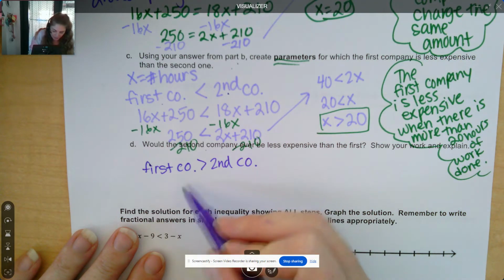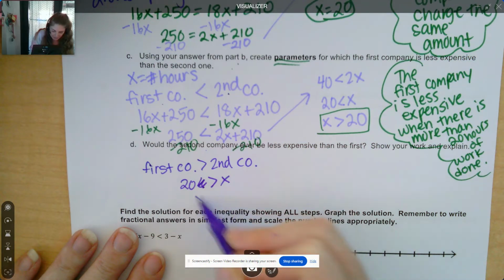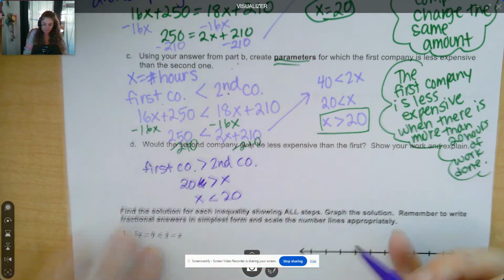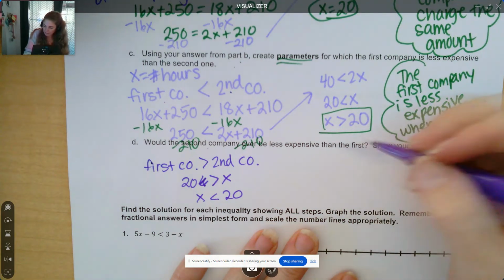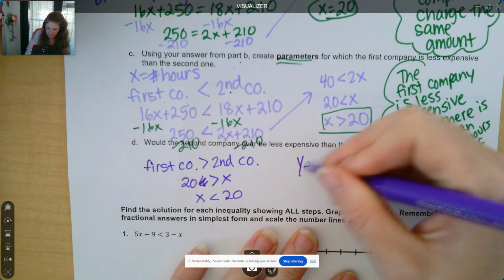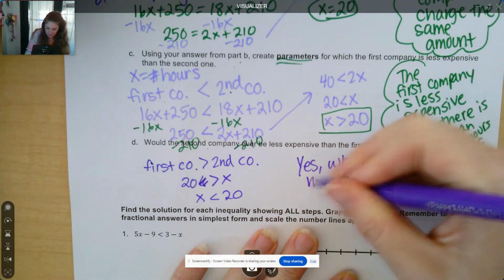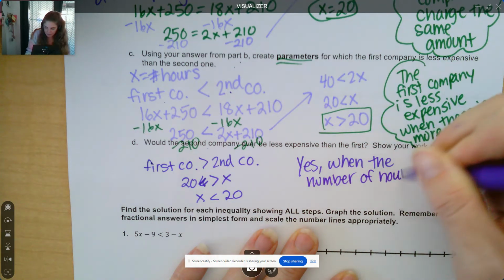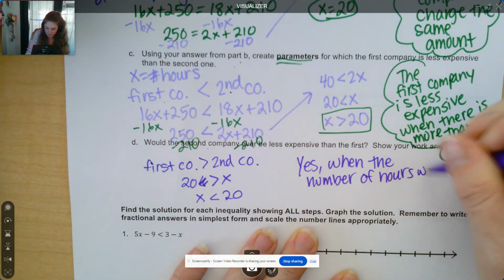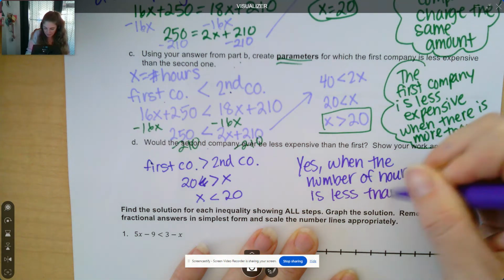So you end up with 20 is greater than x, so x is less than 20. So when is it less expensive? Yes, when the number of hours worked is less than 20.